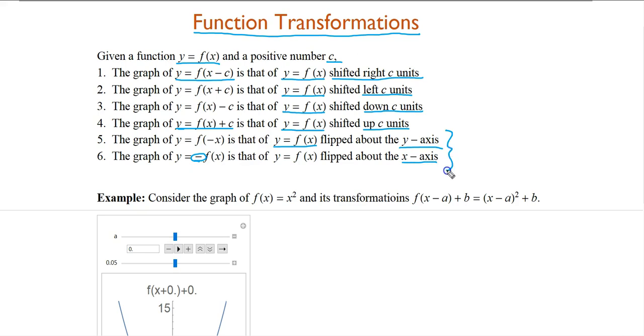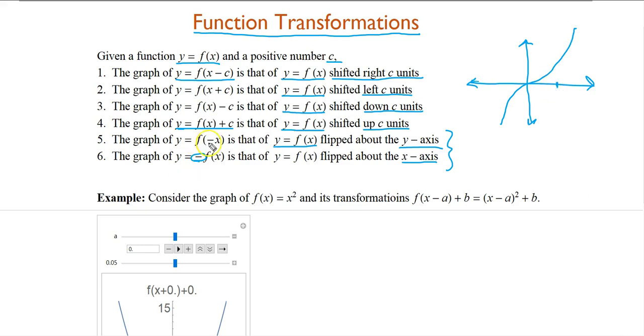Now for these two, these might be a little difficult to see. For this one right here, y equals f of negative x, think of it like this. So here we have the graph of just some arbitrary function.